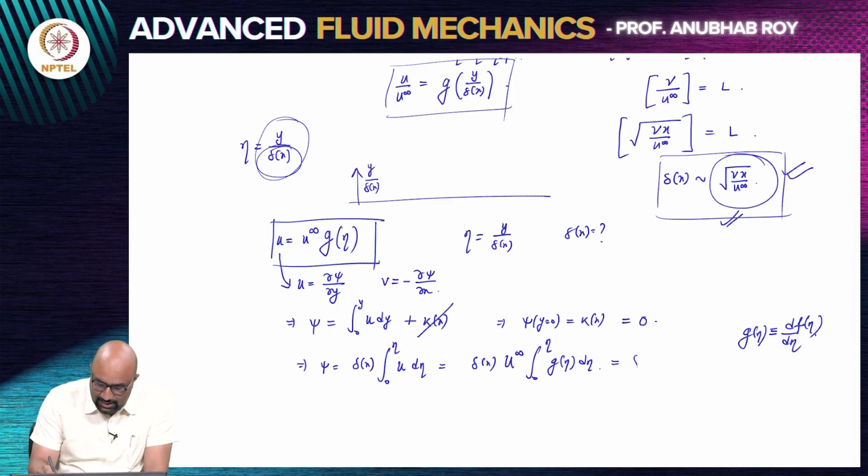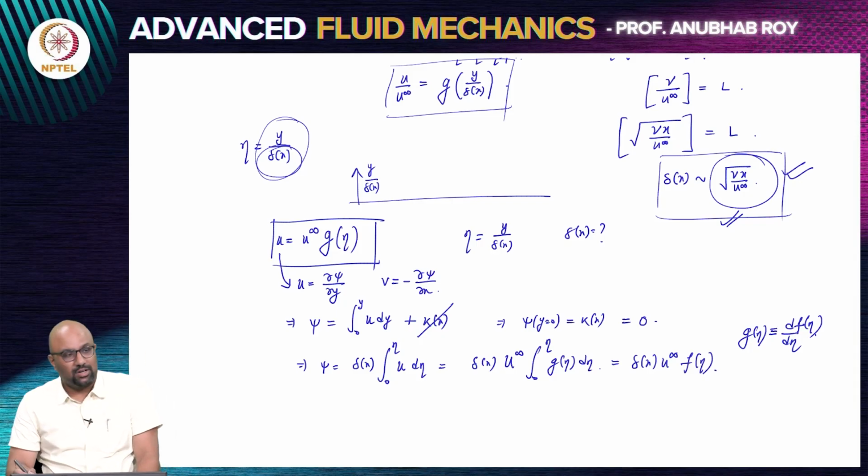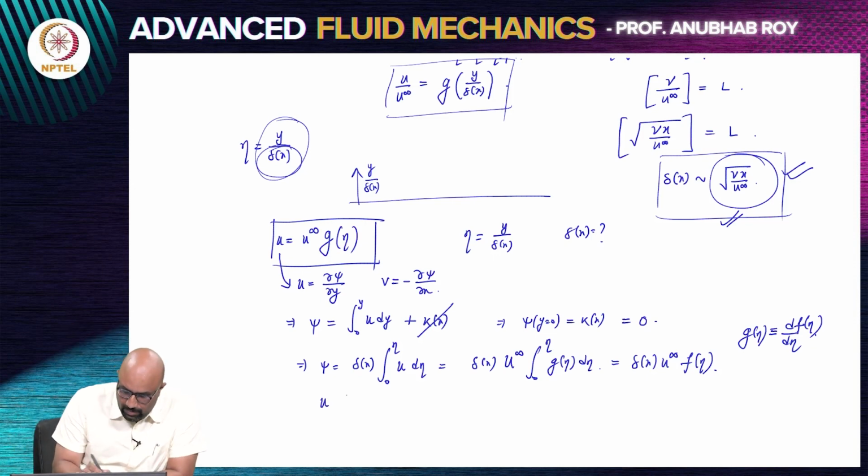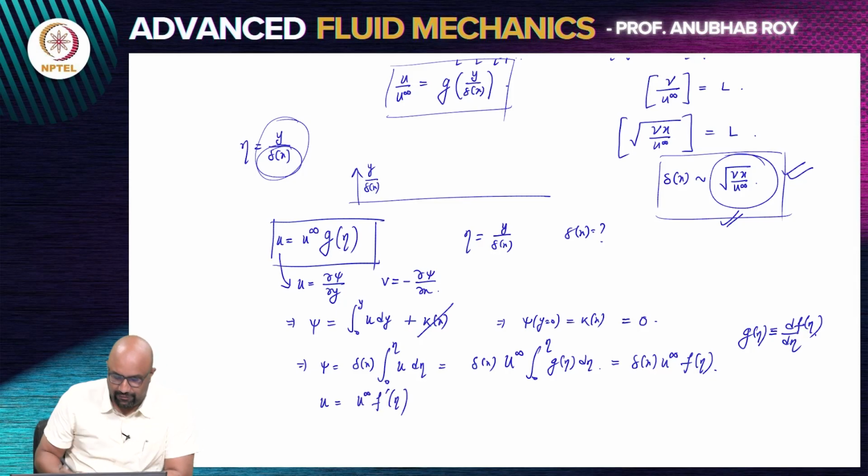What that does, that helps me write my stream function, instead of an integral, as a function of eta, that is all. So, this is an integral of g of eta from 0 to eta. Instead of that, I am writing it as f of eta. Which means that your u would be u infinity f prime of eta.